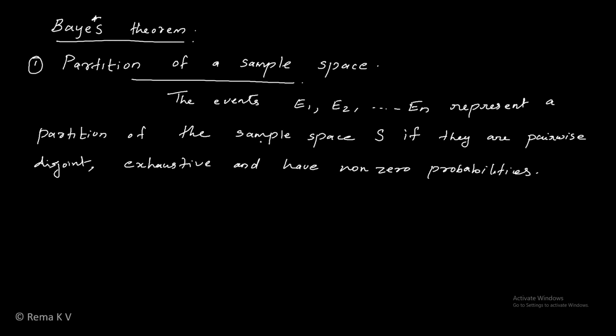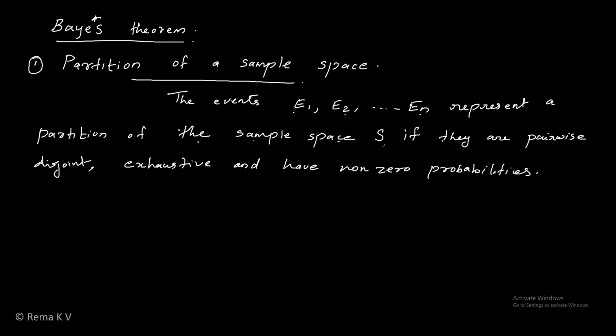So you know that the sample space S is the set of all possible outcomes of a random experiment, and events are subsets of the sample space. Event E1, E2, etc. En means they are subsets of the sample space S. So a set of events E1, E2, etc. En is said to form a partition of the sample space if they are pairwise disjoint.